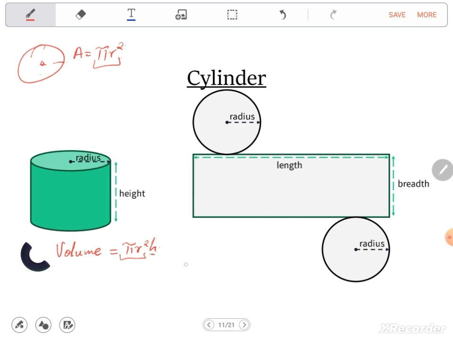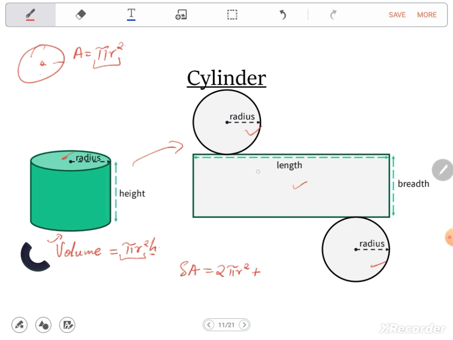What about the surface area? Now I'm going to use the net for this one as well to understand the surface area. The area of the circle is pi r squared, but there are two circles, one at the top and one at the bottom, this one and this one here. So we simply say 2 pi r squared, plus this one here.